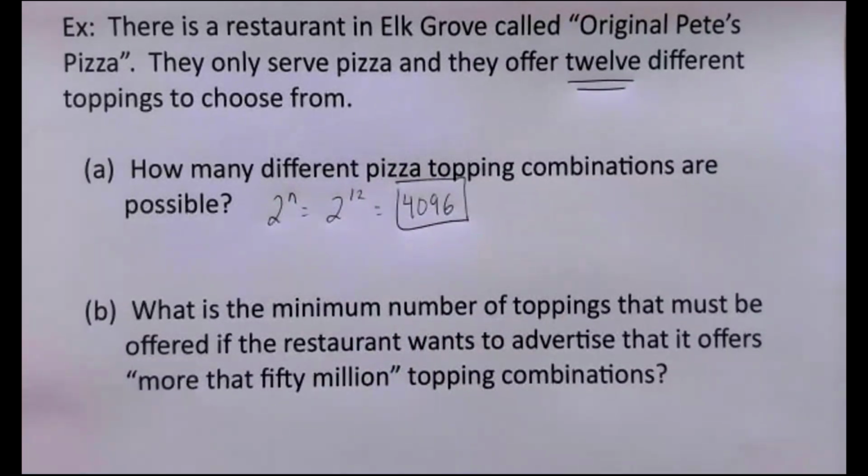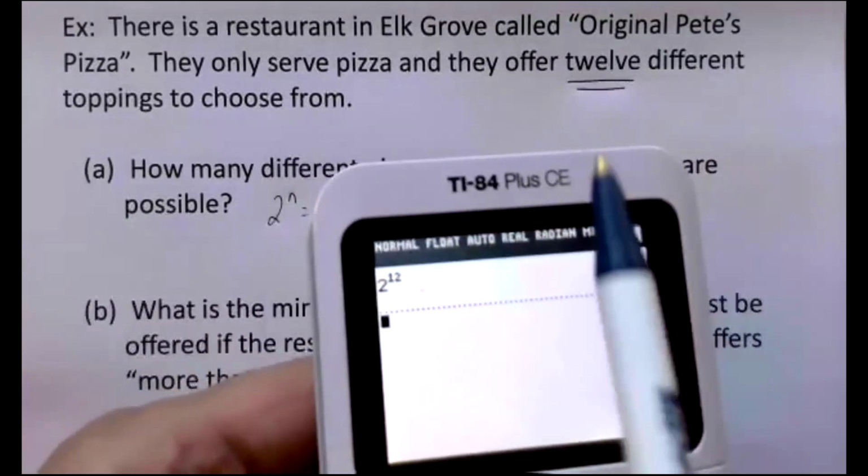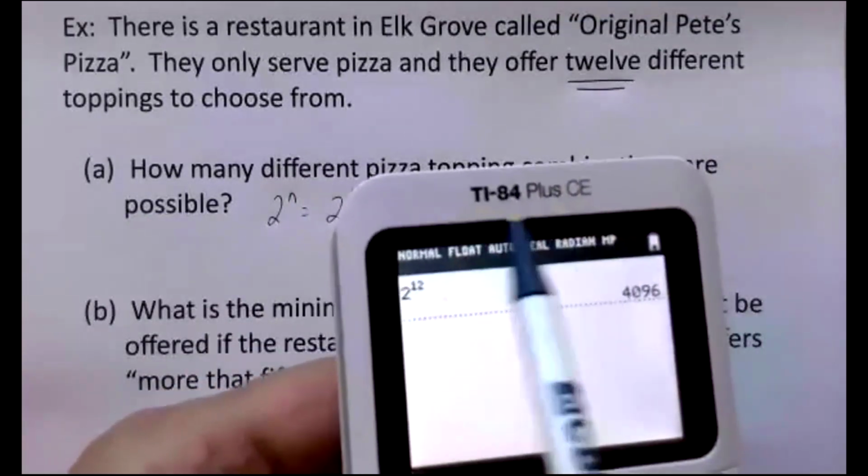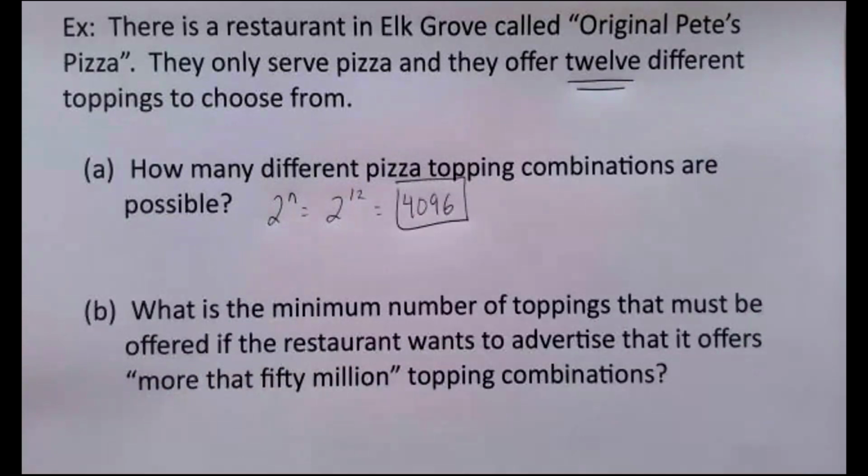So whatever calculator you have, you should Google the name of your calculator and then how do I do exponents? Something like that. And on YouTube, for example, there will be probably many videos that will show you how to do an exponent on your calculator. So you don't have to sit there and go 2 times 2 times 2 times 2 times 2 times 2, 12 times.